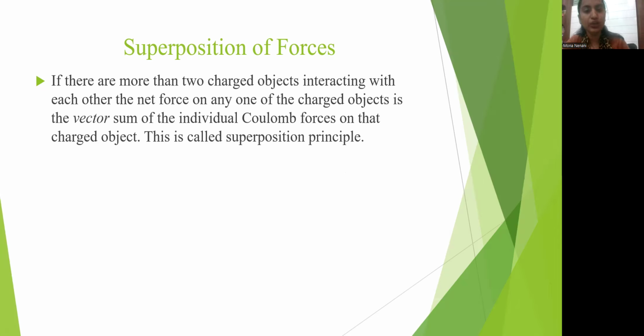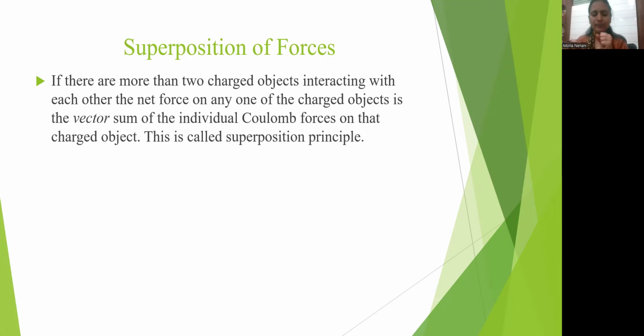If there are more than two charged objects interacting with each other, the net force on any one of the charged objects is the vector sum of the individual Coulomb forces on that charged object, and that is nothing but the superposition principle. You just have to add all the individual Coulomb forces.